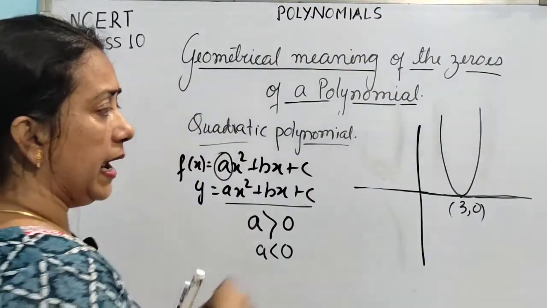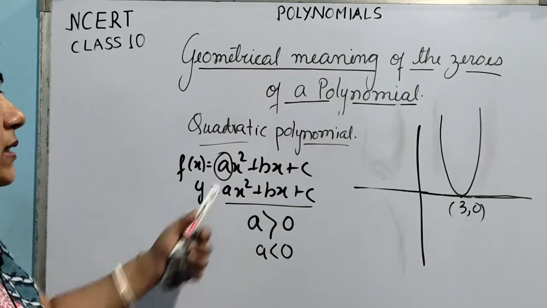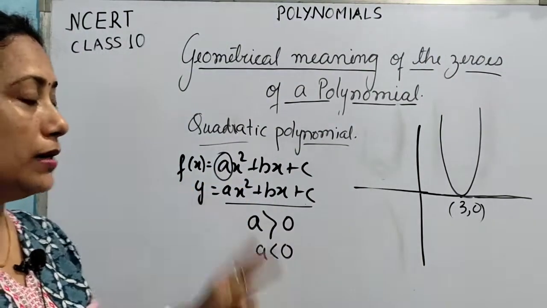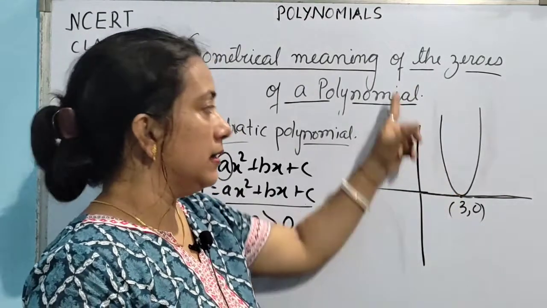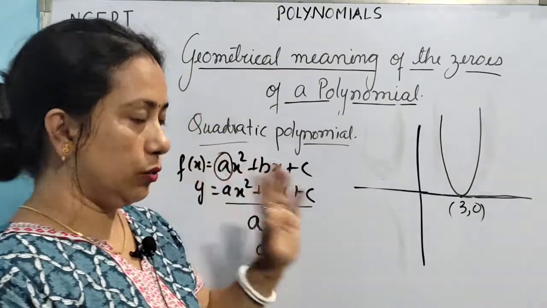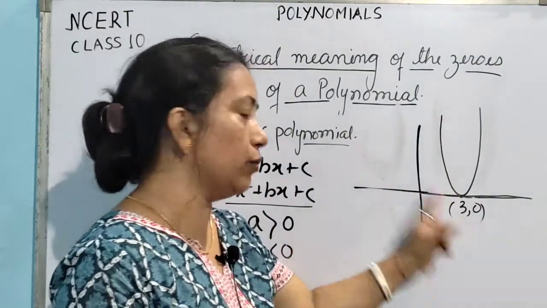It means that x equal to 3 is one of the zeros. Now since it is quadratic, it needs to have 2 zeros. So this polynomial is having 2 zeros and both these zeros are of the value 3.